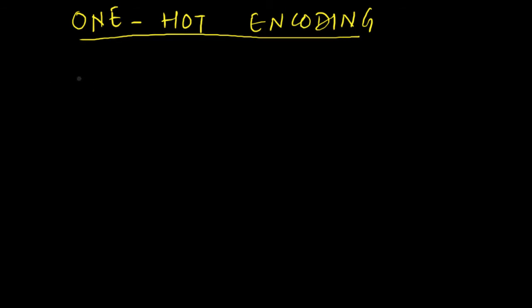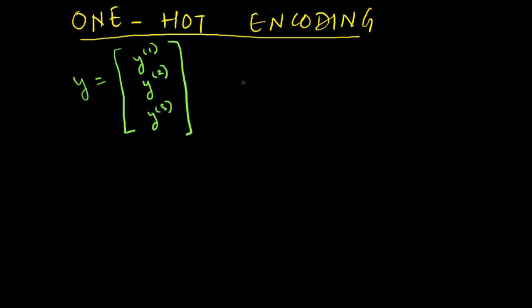So let's say we have our 3 classification problem. So our y is a vector with 3 elements. So this denotes the first category, this denotes the second category, and this denotes the third category. And each of them can be either 0 or 1.